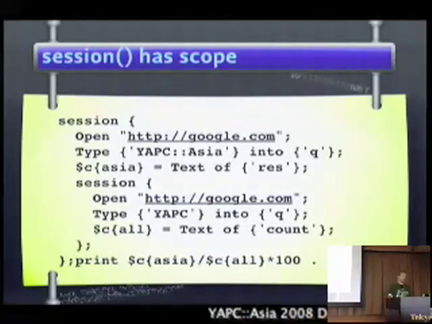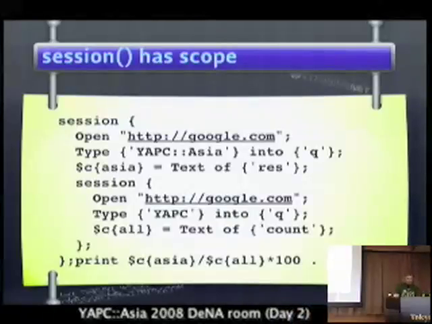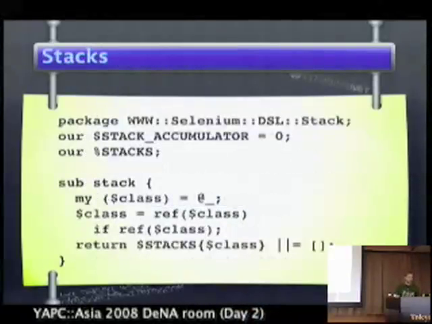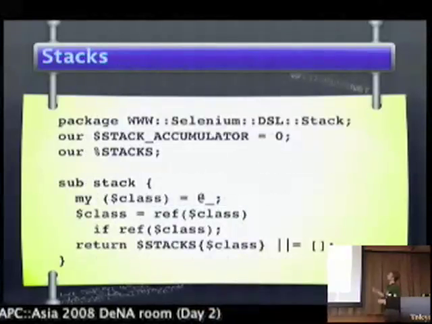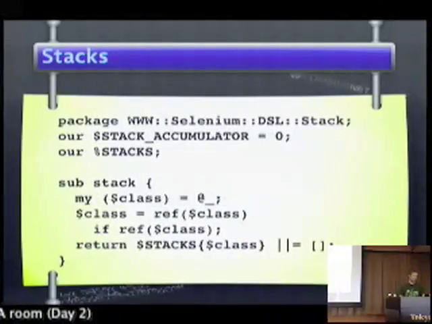And I'll show you my little stack class. It's very bare bones. Might even be wrong, but it works out okay. So this is my package, WWW::Selenium::DSL::Stack. And I have an accumulator, which is sort of a unique identifier for this stack. And I just keep all of my stacks around.